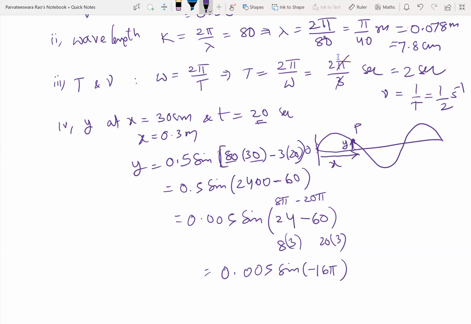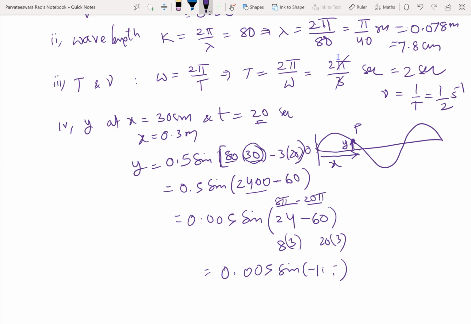Minus 12. Sir, why did we take 24, sir, instead of 2400? 2400 also, but I just wanted to express it in terms of pi, so I put them in meters instead of centimeters.